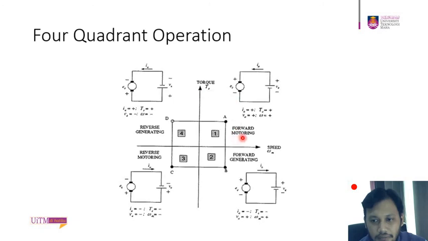Region 1 is forward motoring, number 3 is reverse motoring, and number 2 is forward generating, sometimes called reverse braking.